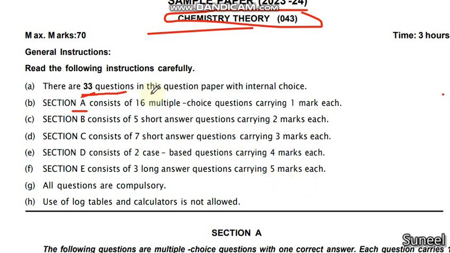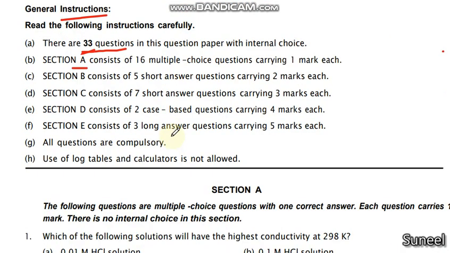First of all, read the instructions given on the question paper carefully and properly utilize the reading time to read and understand the questions. Section A comprises 12 multiple choice questions and 4 questions based on assertion and reason.